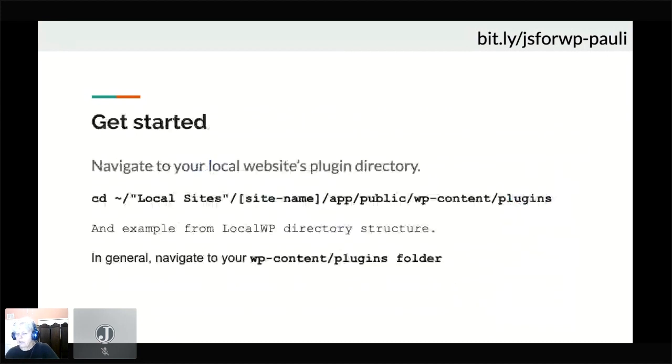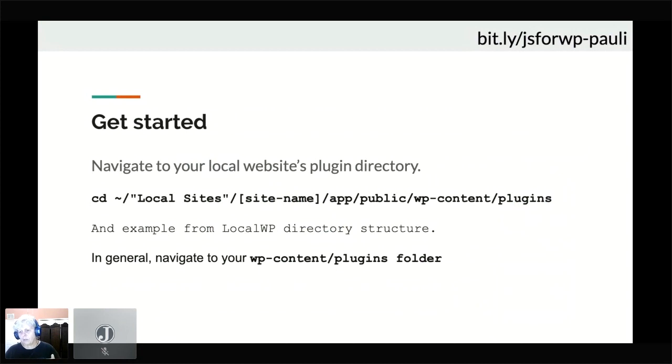Okay, so then you can get started. You navigate to your local website's plugin directory. For Local WP, that would be Local Sites, then the site URL, and then app/public/wp-content/plugins.